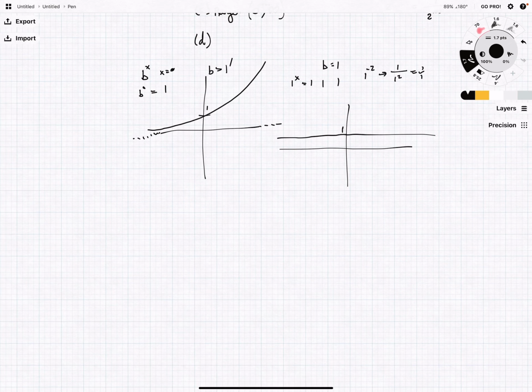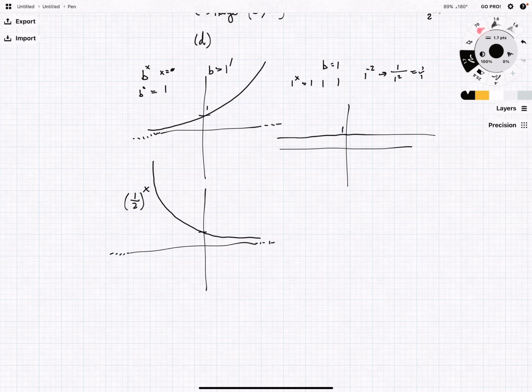Now, what about between 0 and 1? That's interesting. Suppose you had 1/2 to the x. That's going to give us a reflection of b to the x. We still have our asymptote as usual, but this is going to be more like this.